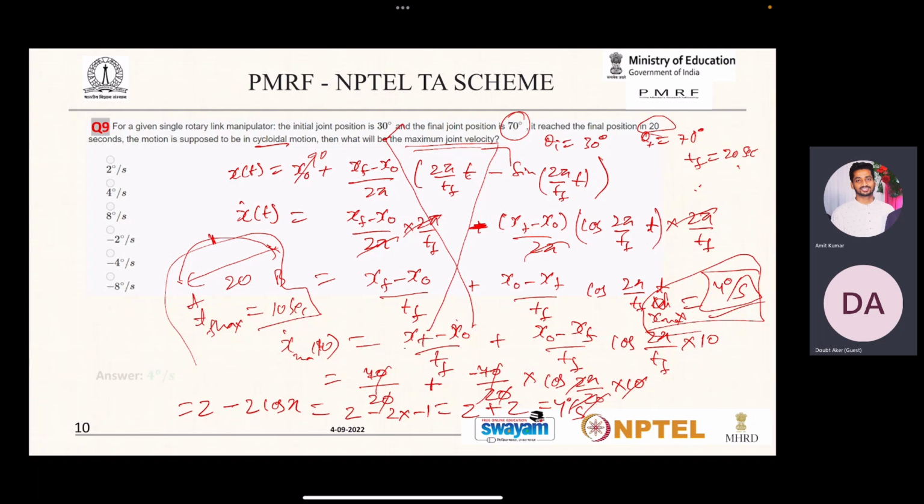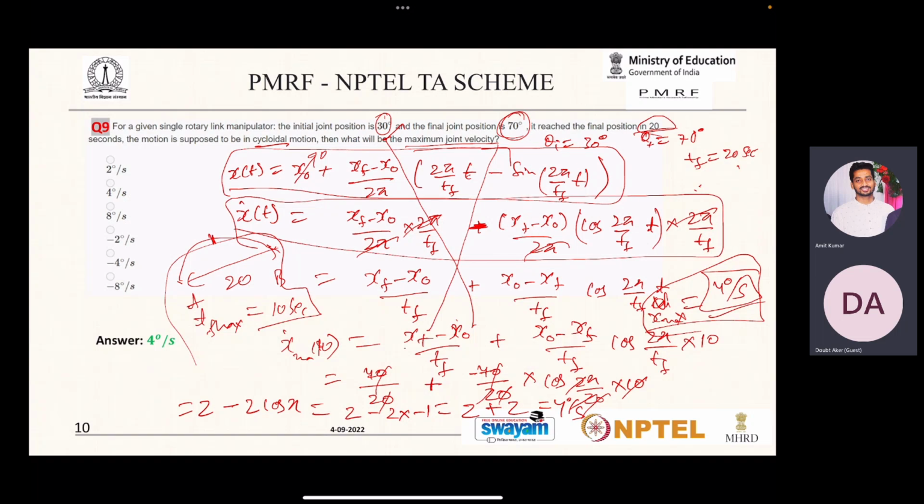So this is how we'll get the maximum velocity for question number 9. Here we are given 30 degree as the initial and the final position, and then we are given the total time. We know that the equation for the cycloidal is given by this x of t. We wanted the velocity, so first we have to differentiate with respect to t, and we got an expression for the velocity like this.